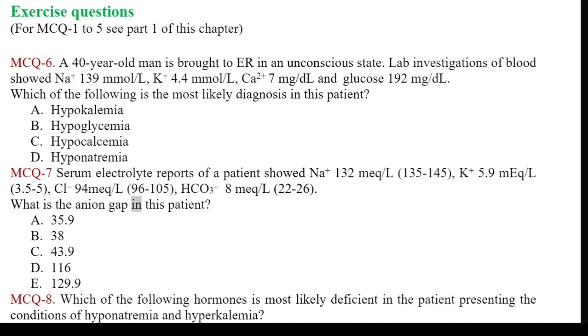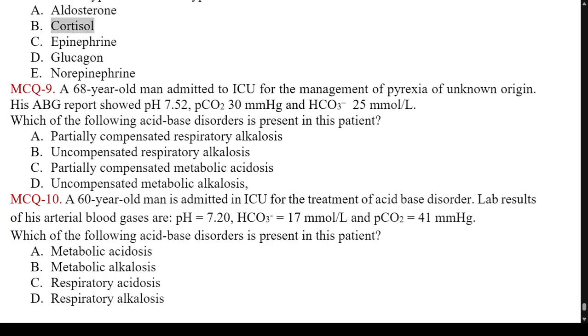What is the anion gap in this patient? 35.9, 38, 43.9, 116, 129.9. MCQ 8. Which of the following hormones is most likely deficient in the patient presenting the conditions of hyponatremia and hyperkalemia? Aldosterone, cortisol, epinephrine, glucagon, norepinephrine.